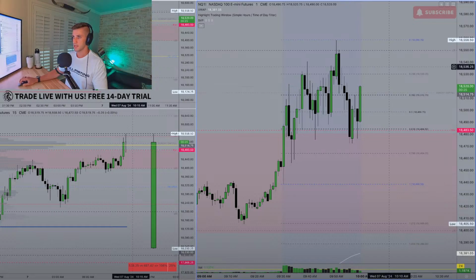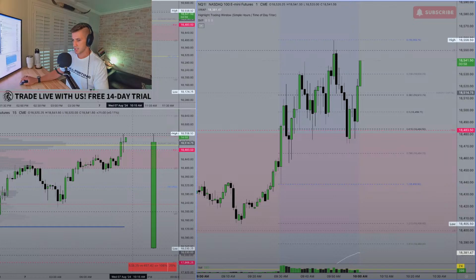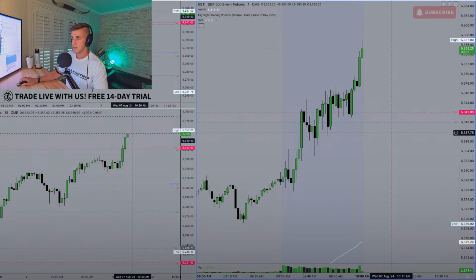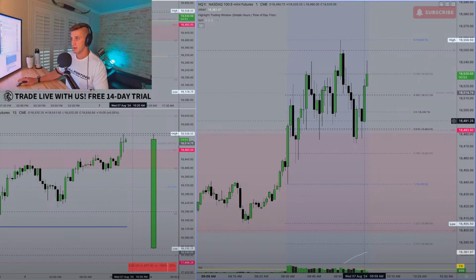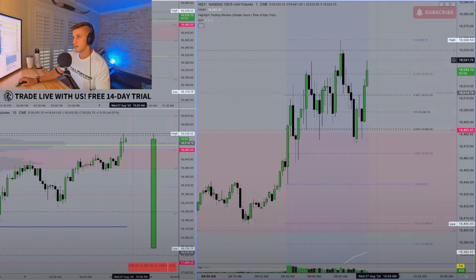NQ making a little bit more of a push here. Got 10 a.m. in 30 seconds or so. No data to worry about, which is nice. ES just pressing. Looking good. Looking good, ES. NQ, if you grab that prior day high long, trim into highs as we get into highs here.